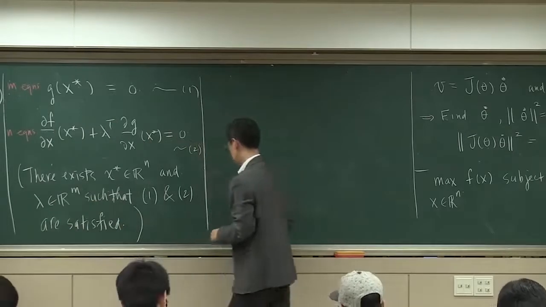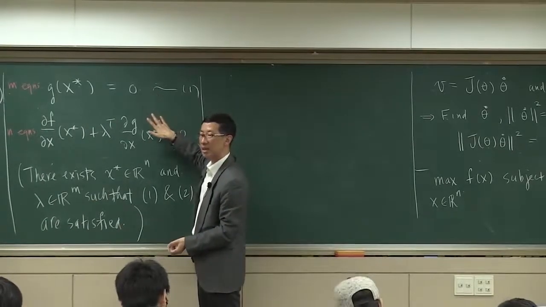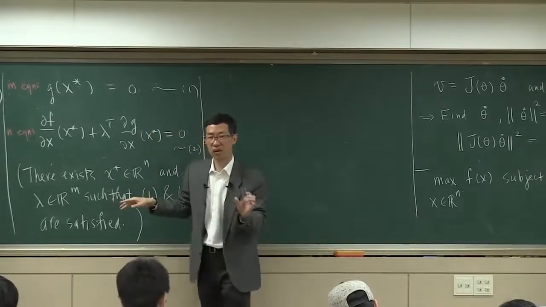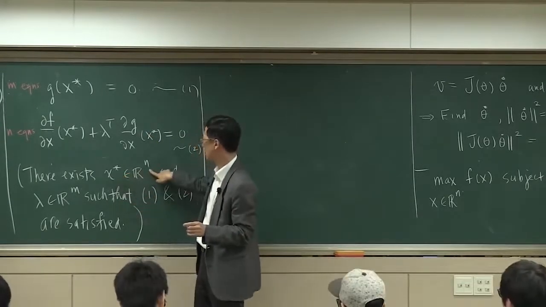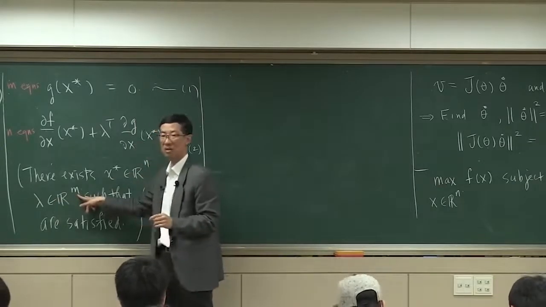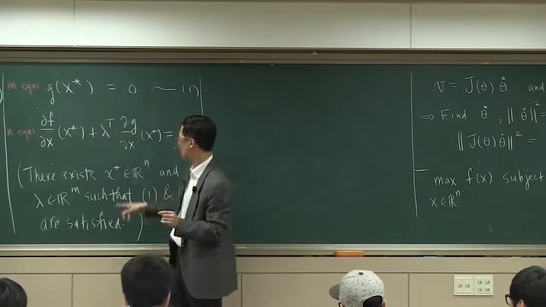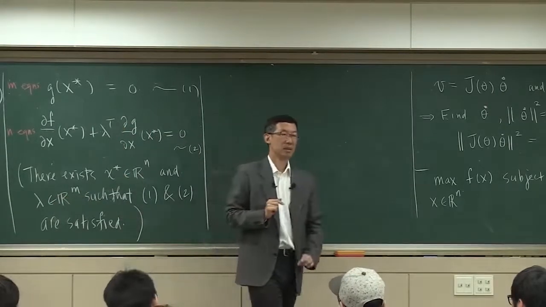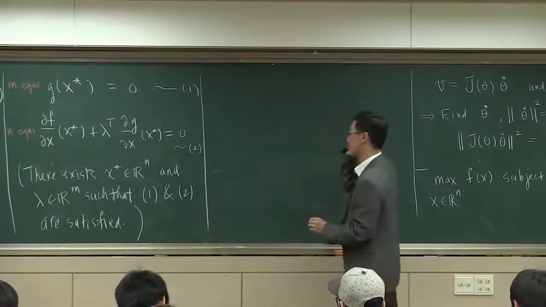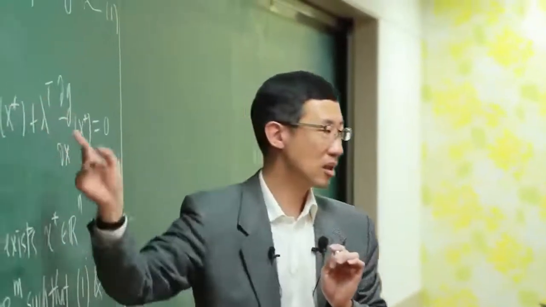So the total number of equations is m plus n. The total number of unknowns: there's x star, n-dimensional, and lambda, m-dimensional, so n plus m. So the number of equations equals the number of unknowns, x star and lambda. Let me tell you what these are.